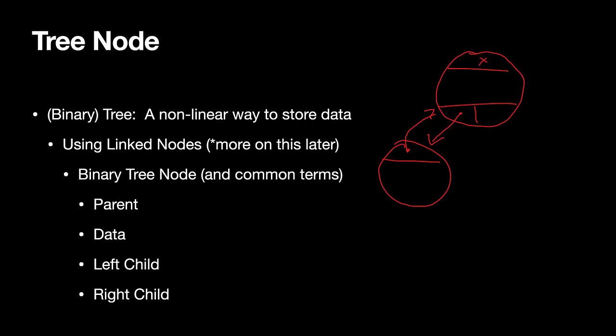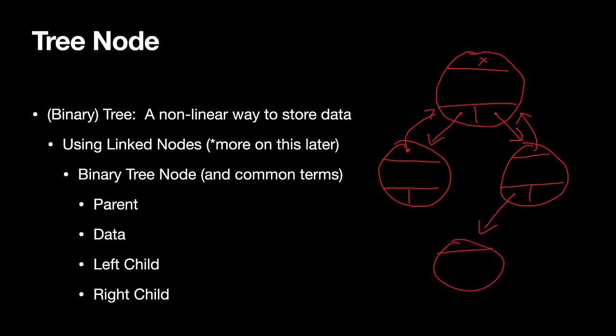And I'm going to say that it also has a right child, so I'll draw the right child over here. So the right child link will refer to the right child, and the right child's parent link will refer back to the parent. Okay, and I'm going to assume that its right child has a left child. And I'll connect it up, and of course the parent link in that left child connects back up to its parent.